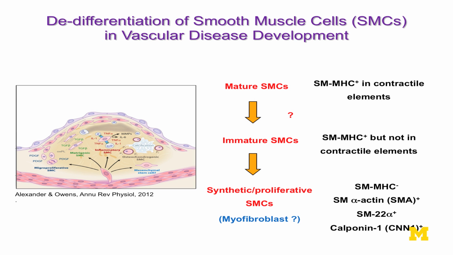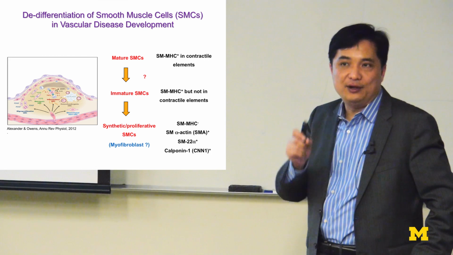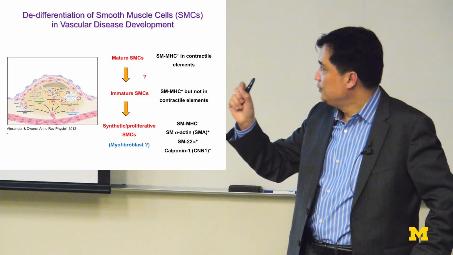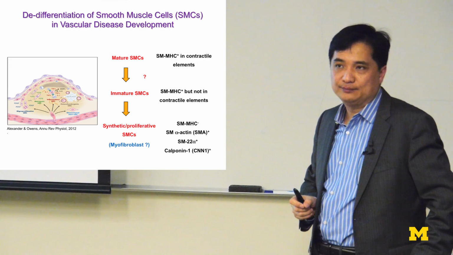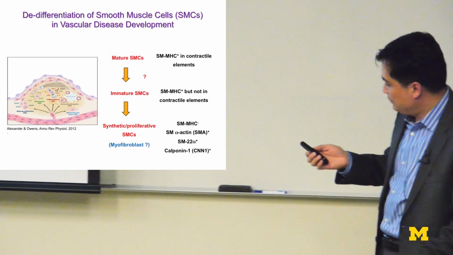So the last thing we look into is vascular disease. One thing we found is that the vascular stem cells, or these smooth muscle progenitors, not only contribute to the regeneration and remodeling of the vascular graft, but they may also contribute to disease development in the blood vessel. So in the past, here is the paradigm.